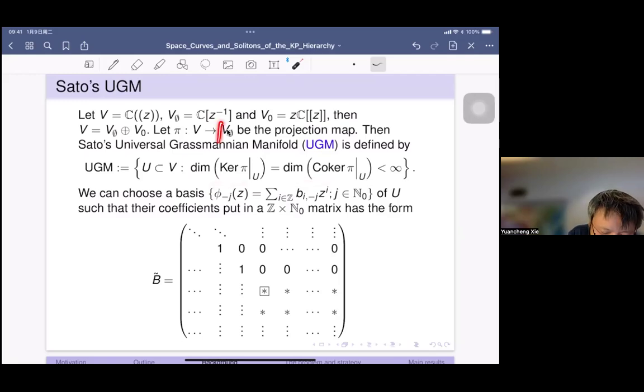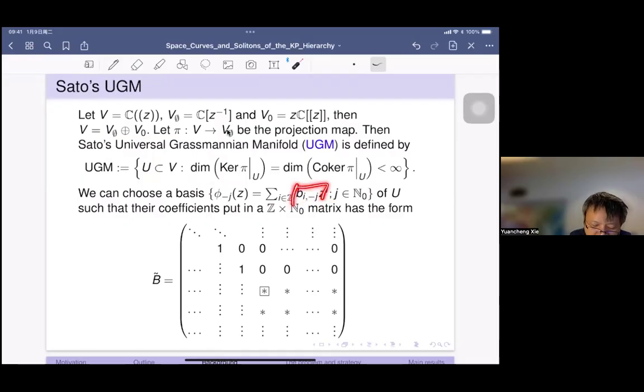Since this space is separable, just like V plus, we can take a basis of this subspace U, and then we can expand. We can do a Taylor expansion or Fourier expansion, whichever way you view this, and then there are some coefficients.